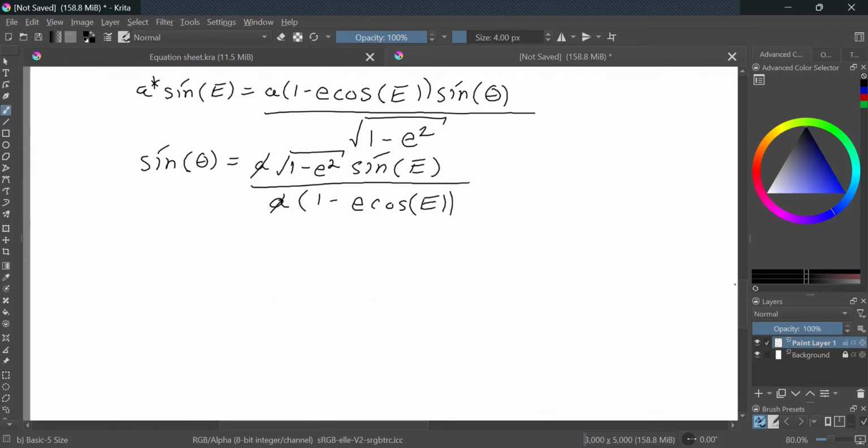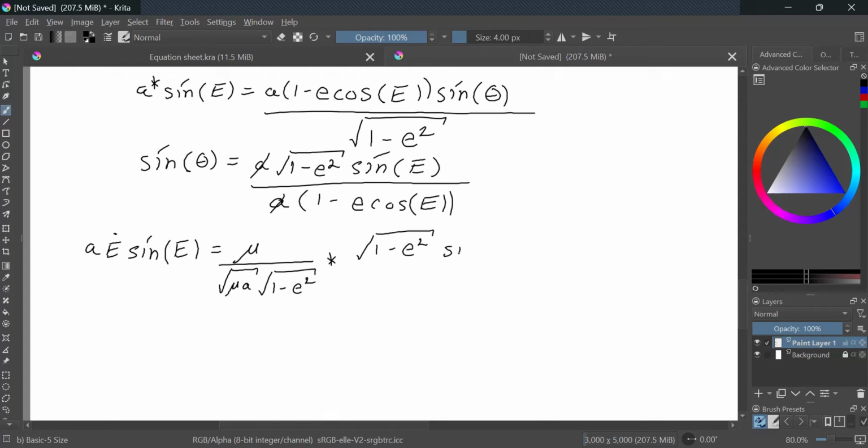So we have a e dot times the sine of the eccentricity is equal to mu over the square root of mu times a, and then I will separate out the square root of 1 minus e squared, just to make it easier, times the sine of theta, which we have written as the square root of 1 minus the eccentricity squared times sine of E, all over 1 minus e cosine of big E. So some things will cancel out now.